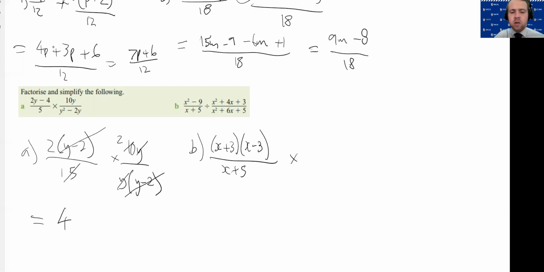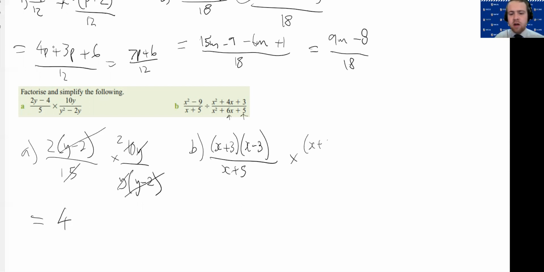What we're trying to do is find a way of factorizing this quadratic trinomial. We're going to do this next week. The way that we do this is we've got to think of this number here, two numbers that multiply to equal 5, and then we're going to look at two numbers that add to equal 6. So if they multiply to equal 5 and add to equal 6, the numbers are going to be 5 and 1.